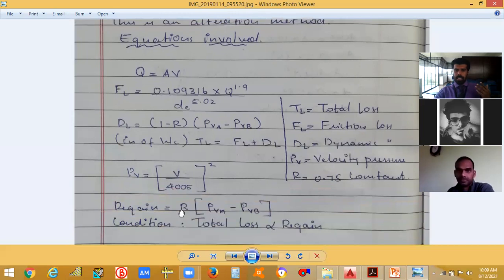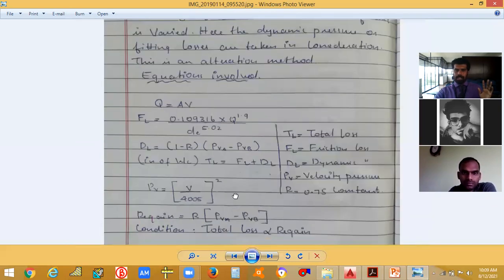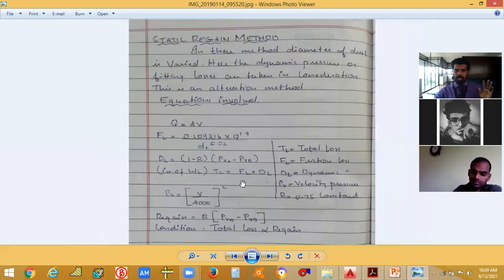The regain is R into PVA minus PVB. Just write this definition and this formula, that is enough. FL, DL, TL, PV are all written here. TL means total loss, FL friction loss, DL dynamic loss, PV velocity pressure, and R is a constant.